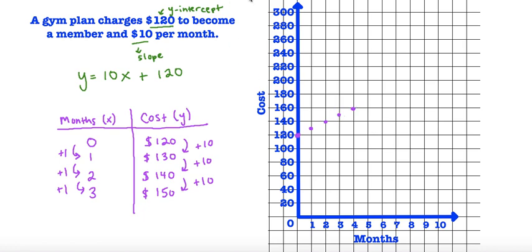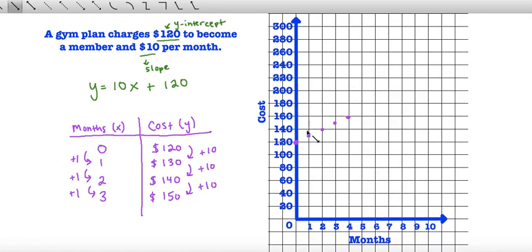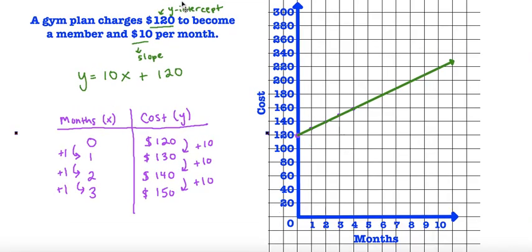So I'm going to take a line and draw it through here. And so just be mindful that the graph we were given, it's increasing by $20 at a time. So in order to show the increase of 10, it would be half of a box.